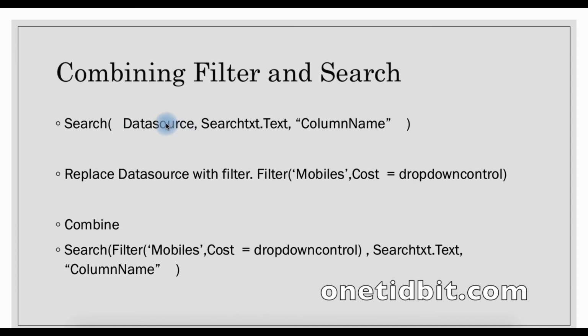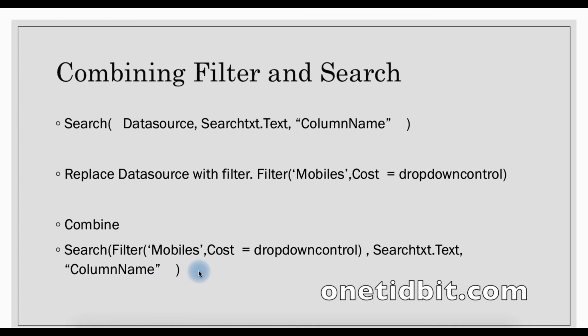We need to filter the data source with whatever drop down controls we have, and give that filter function in the place of this data source. Just replace that and combine these two, and you will get this formula as search, filter, mobiles drop down, and comma search text, column name. Okay, let's see how it will work for us.